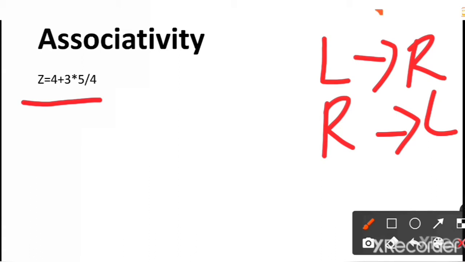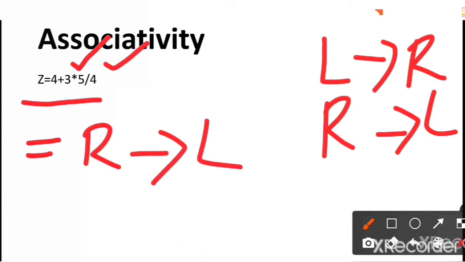Here the star and division operators both have left associativity. Because of that left associativity, first the multiplication operation is performed and then the division operation is carried out. Whereas the equal to operator has right to left associativity.